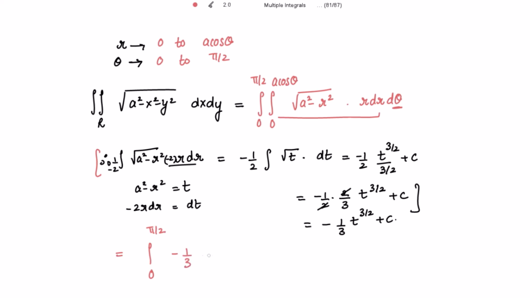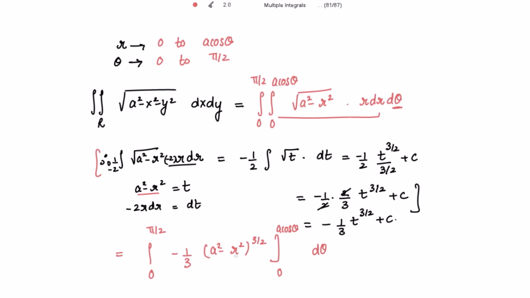Minus 1 over 3. Instead of t, just write a square minus r square power 3 by 2, and the limits are from 0 to a cos theta, and then d theta, right? So this is the integral from 0 to pi by 2, taking minus 1 by 3 outside. When you put a cos theta, you get a square minus a square cos square theta.